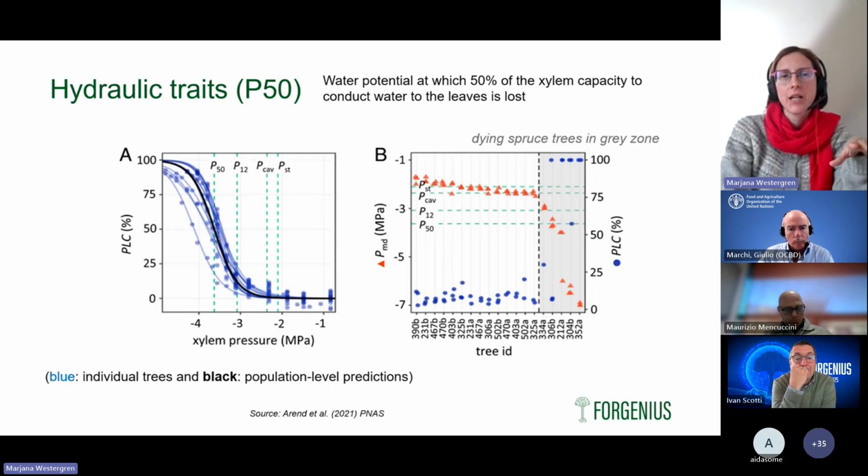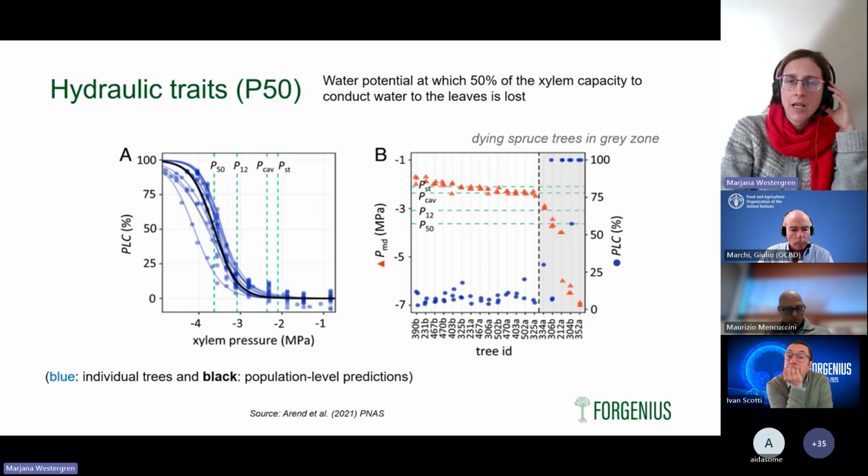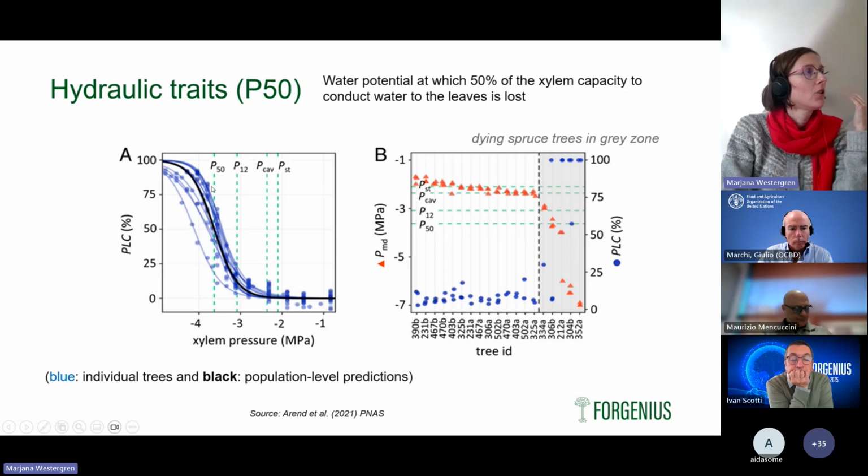On the left graph, you have the curves. On the x-axis, the xylem pressure. On the y-axis is the percentage of the loss of conductance. And P50 is one of these hydraulic traits that you can see here.